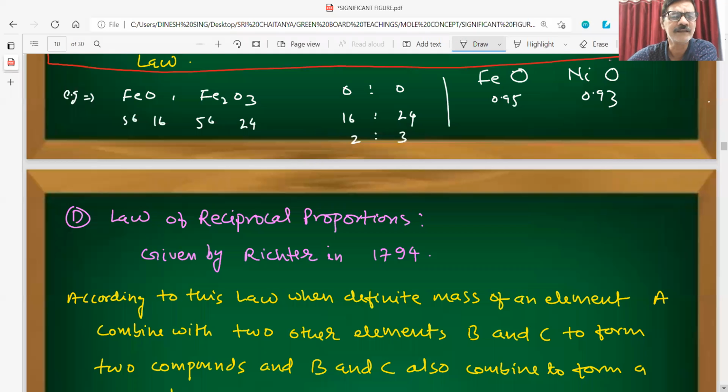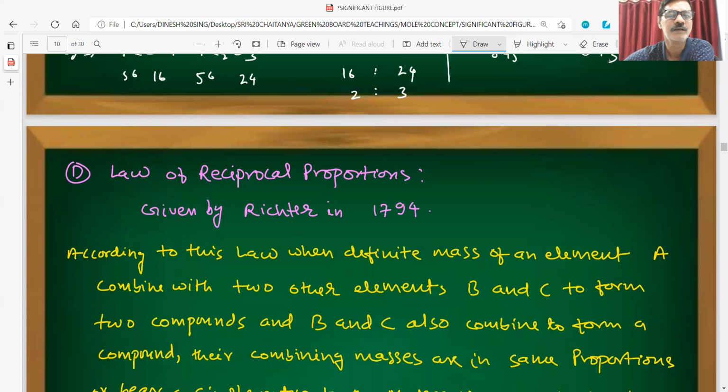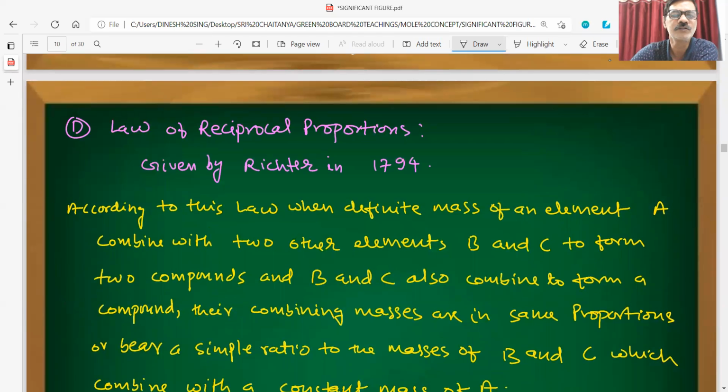After that, we have the law of reciprocal proportions, and this law was given by Richter in 1794.